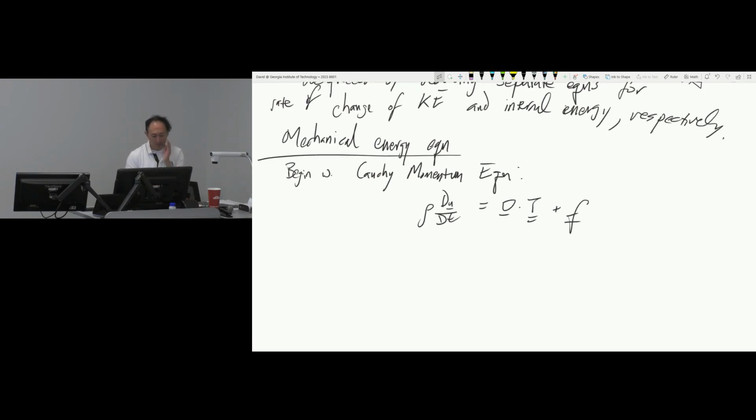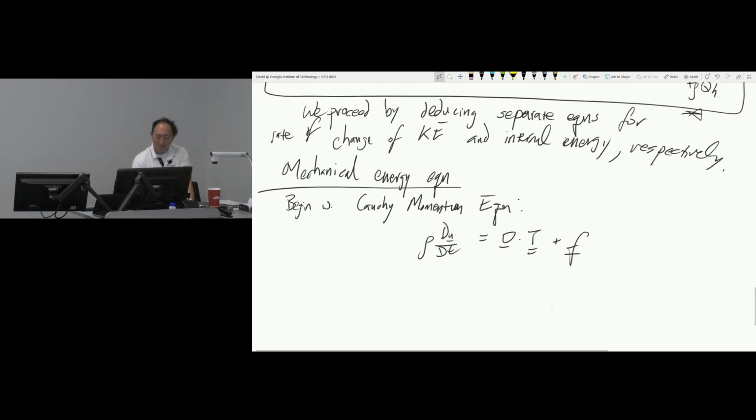Okay. This is what we derived by looking at the, remember this is the inertia, ma basically, and then we had the surface stresses, which is originally the integral of t, little t, across the surface, which by the divergence theorem across the volume becomes divergence of the stress tensor, and any body forces.